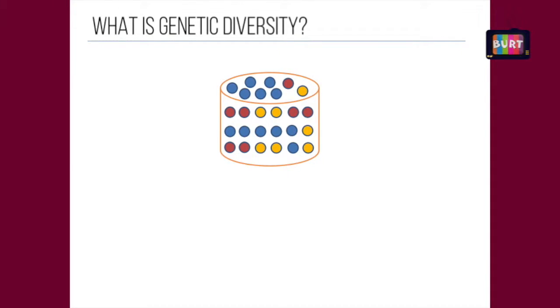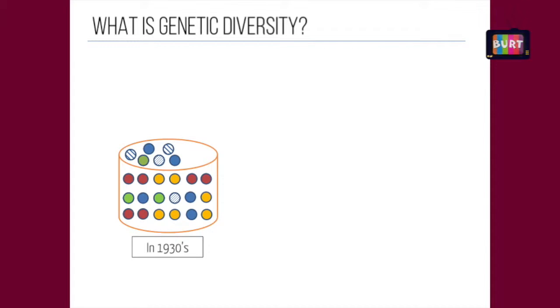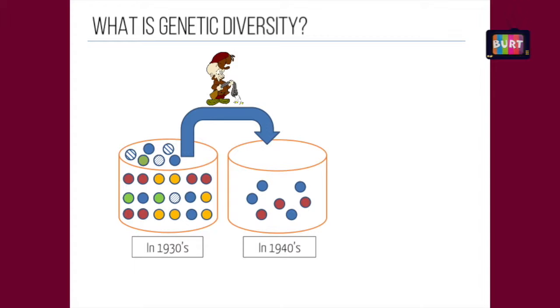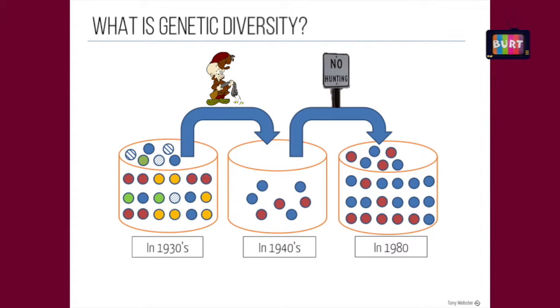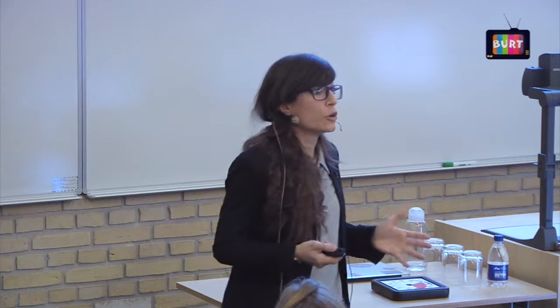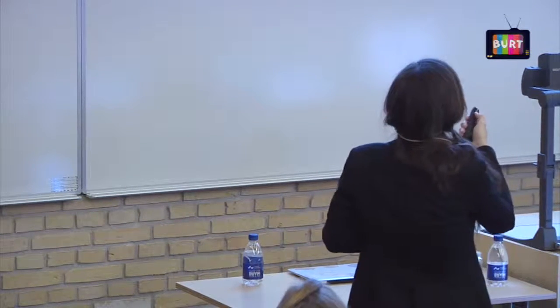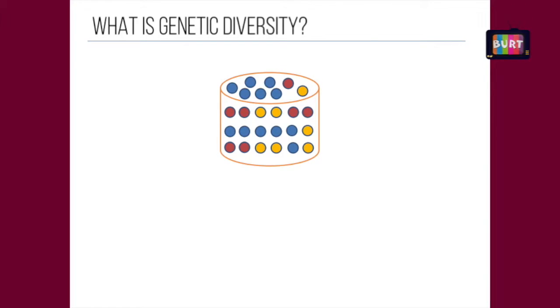So, what is genetic diversity and why does this matter? Well, genetic diversity is the different versions of the same gene that an individual and a population can have. A population that has a lot of genetic diversity would look like this bottle with multiple colors.